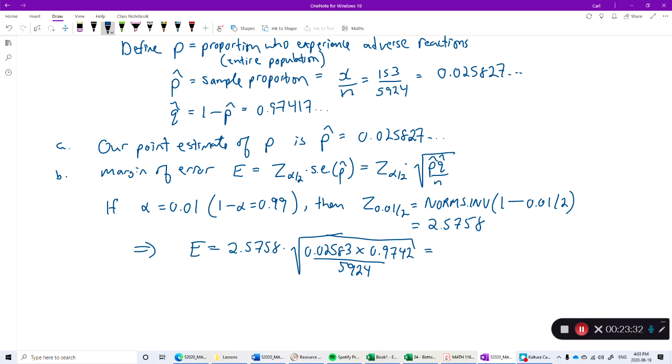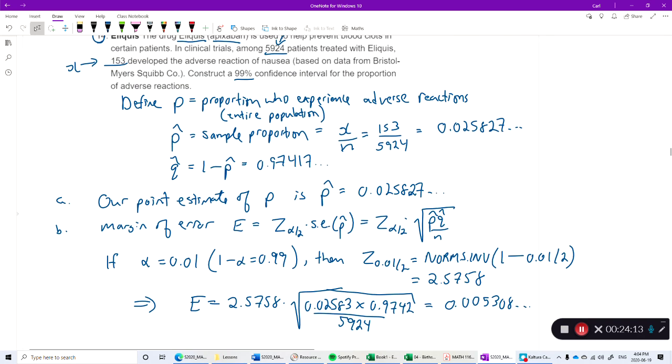So that's the margin of error: 0.0258 times 0.9742 divided by 5924, square root, times 2.5758. And what do I get? A pretty small number, 0.005308. Okay, that's the margin of error.